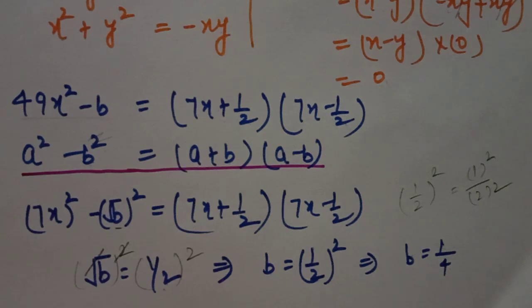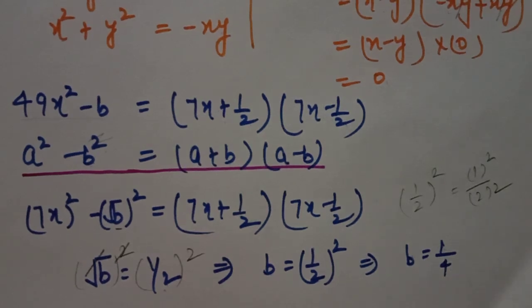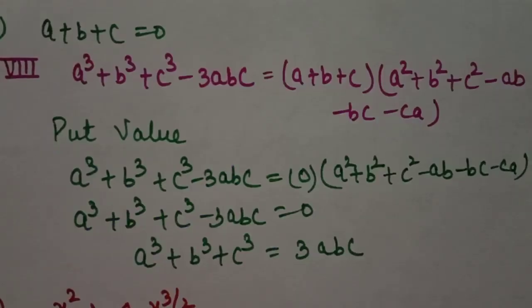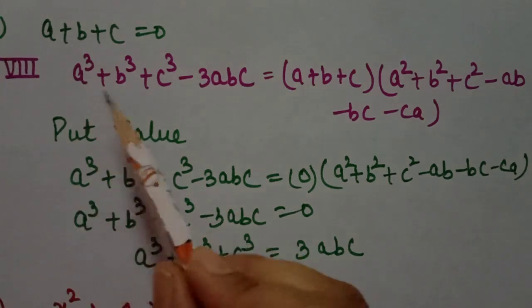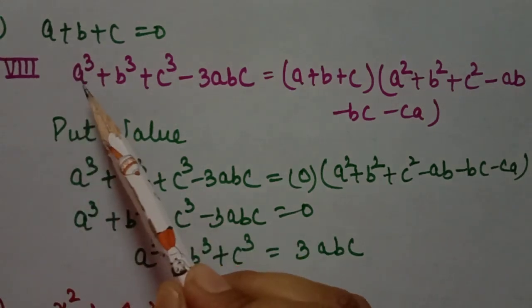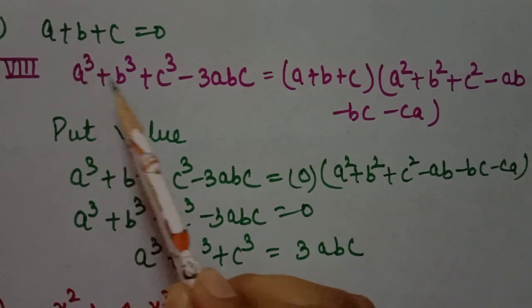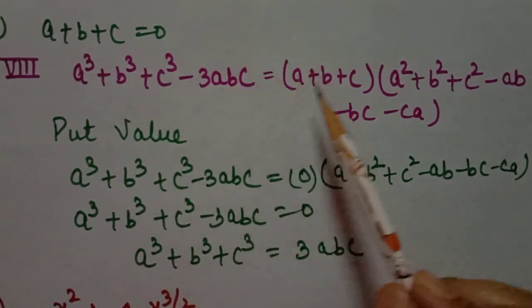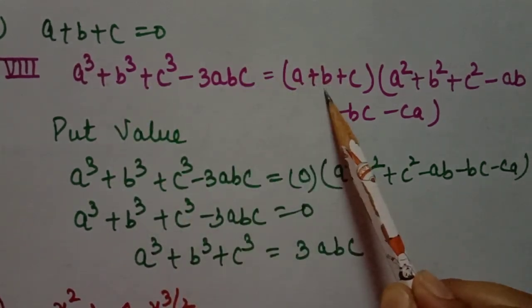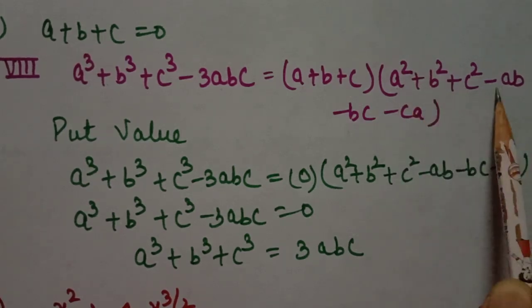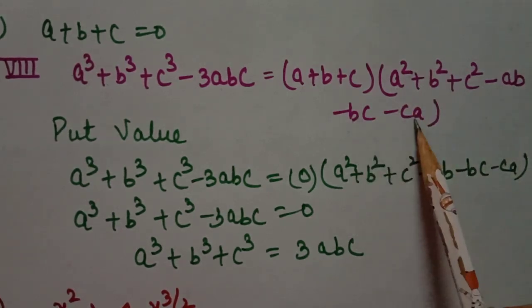Next question is question number 10. Question number 10 was, if a plus b plus c is equal to 0, then a cube plus b cube plus c cube is equal to what? So we know a cube plus b cube plus c cube is only present in the 8th identity. The 8th identity is a cube plus b cube plus c cube minus 3abc, which is equal to a plus b plus c, a square plus b square plus c square minus ab minus bc minus ca.